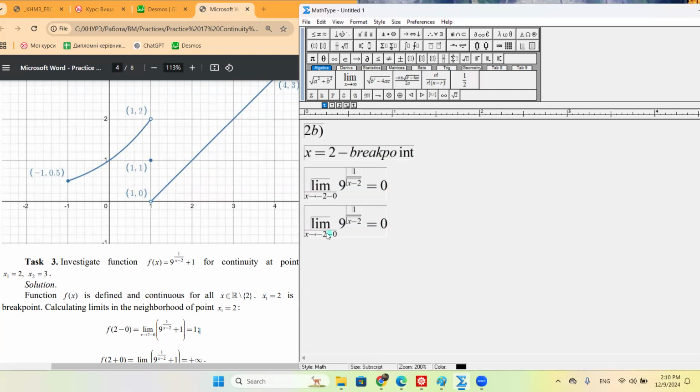And what about plus 0? The limit is plus infinity. So what is the breakpoint type? Daniil? I think second kind, where infinity. Correct, because one of the limits is infinite.